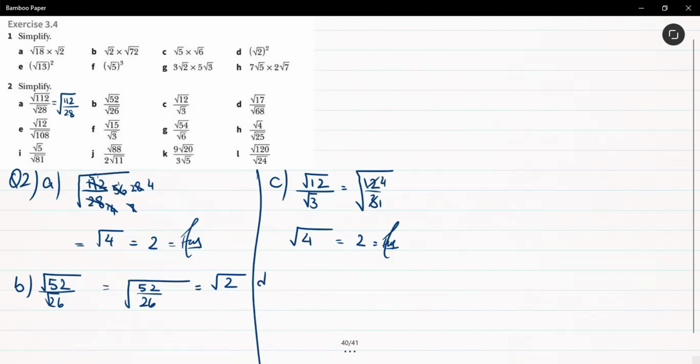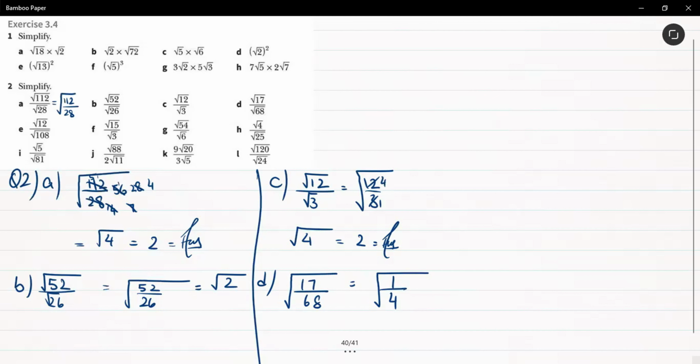For part D, we have something like under root 17 divided by 68. Okay, so I'm just going to put this up in my calculator. 17 divided by 68 would be equal to 1 over 4. So under root 1 over 4 is equal to this.